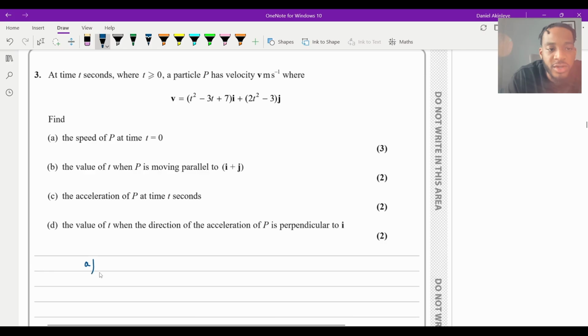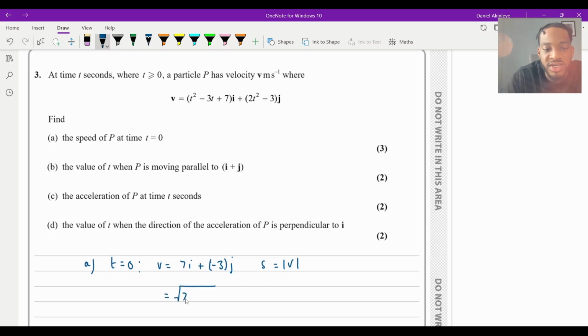So part A, we need the speed at t equals 0. I'll plug t equals 0 into the formula for the vector. v is equal to, the t's will disappear, so just 7i, and then minus 3j. This is the velocity at time t equals 0. To find the speed, we need the magnitude of the velocity, so we're just going to do Pythagoras.